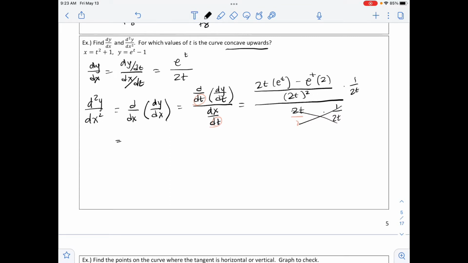So this is going to be 2t e to the t minus 2e to the t, over, this time, 2t squared, which is 4t squared, times another 2t. That works out to be 8t to the third. From here, we can definitely factor out a 2 in the numerator. You can also factor out an e to the t if you like, but I'm just going to factor out the 2 since that's what I'm going to simplify.